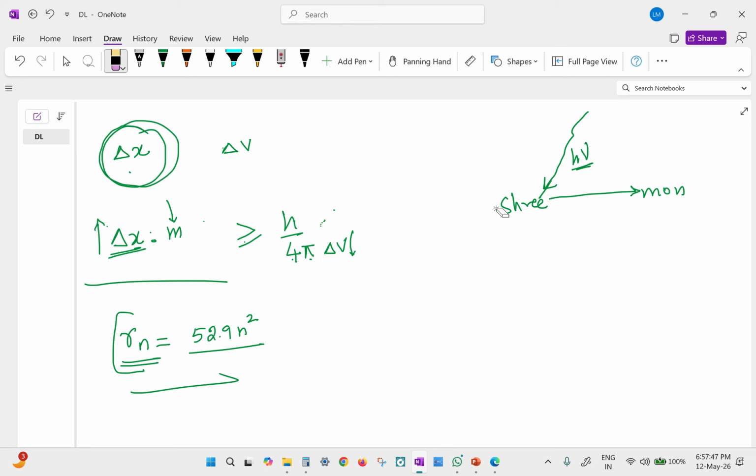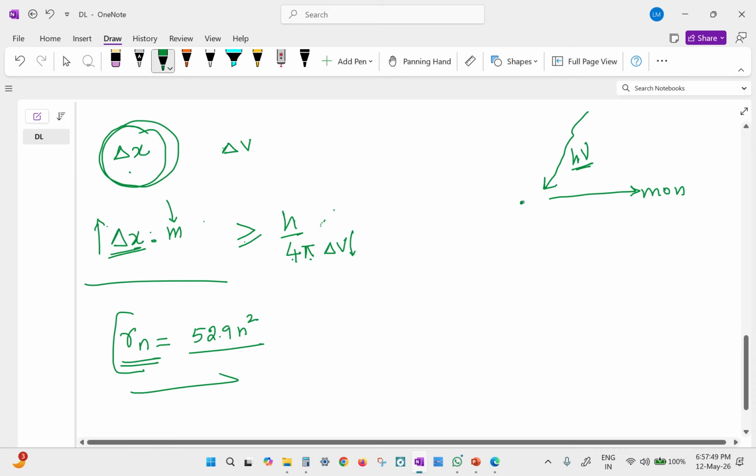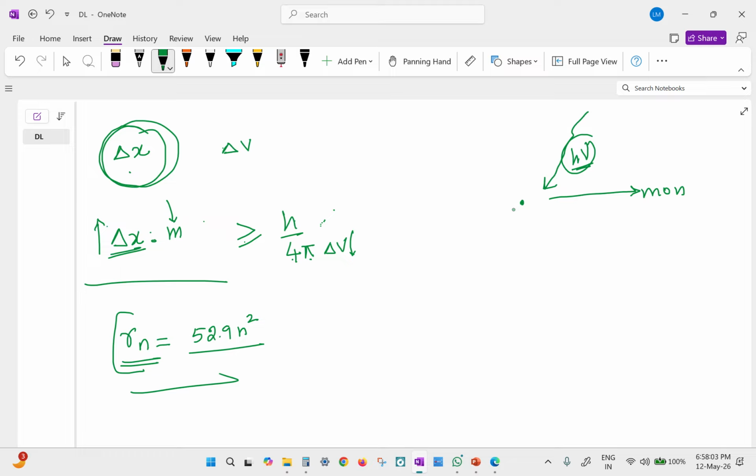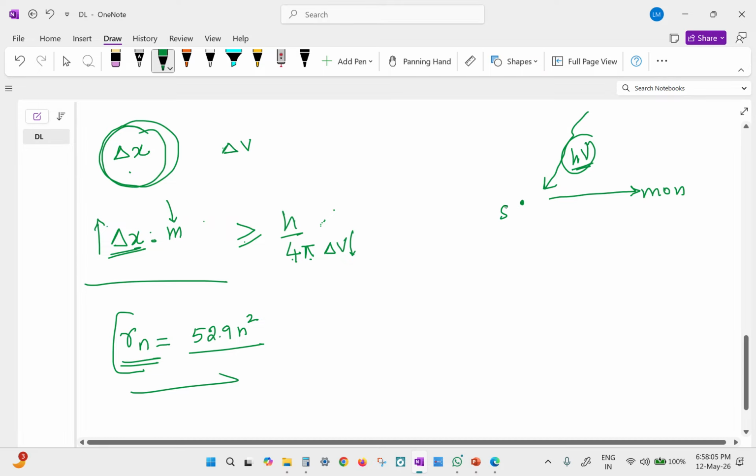Now imagine her mom is trying to look at an electron. Light of h nu energy as a packet is coming and hitting. What will happen to the electron? It'll get disturbed. When light fell on Shri, Shri is not disturbed by the light. Instead, she reflects this light to her mom's eyes.